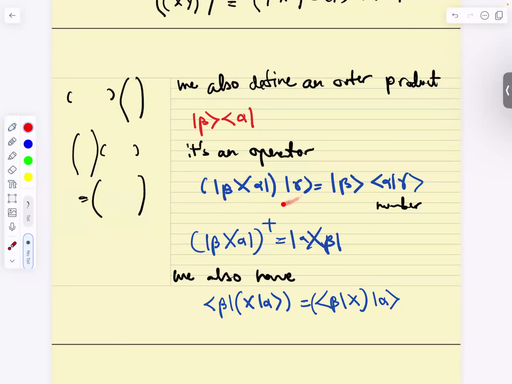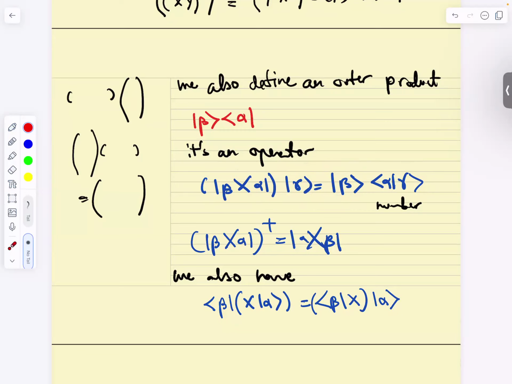So this just follows from matrix multiplication. The ket beta, bra alpha, the outer product as a matrix, as an operator, when you act on gamma, you obtain beta as a column vector, and a number, which is the inner product of alpha and gamma.